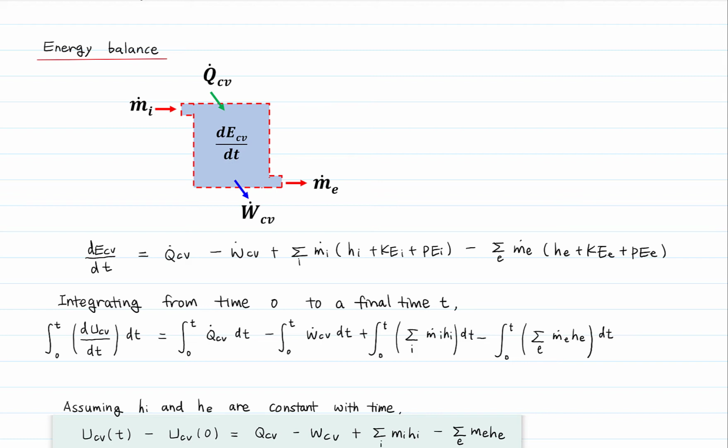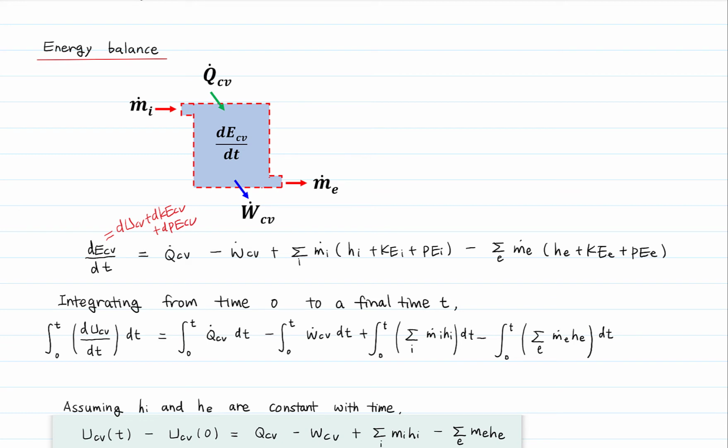We can also apply the energy balance relations for open systems under transient process. So the general form of the energy balance equation is shown here, and dE/dt is not 0. So the energy of the control volume is internal energy, kinetic energy of the control volume, potential energy of the control volume.